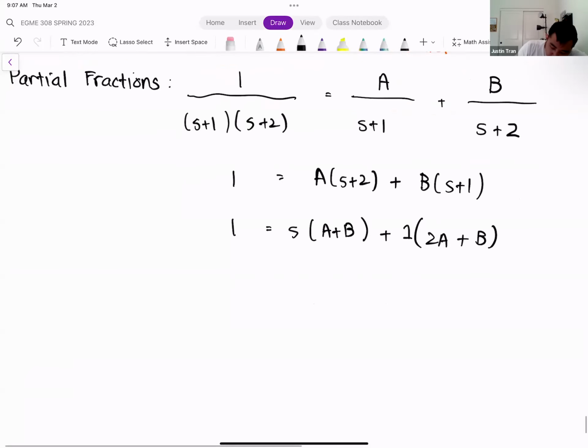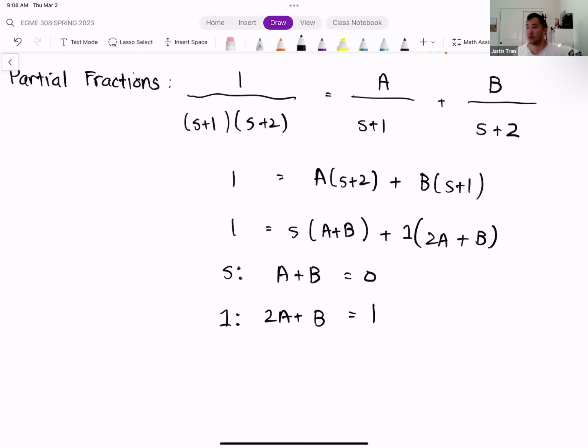For s, we have A plus B is equal to 0. For the constant term, we have 2A plus B is equal to 1 from the left-hand side.